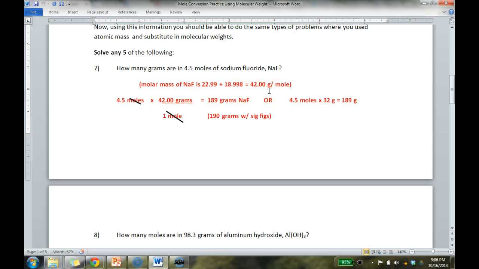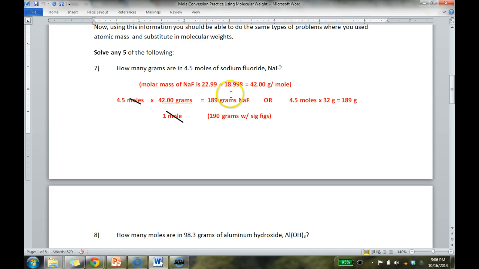Think back to our significant figures rules. Keep in mind that when adding and subtracting numbers, you can only go to the last place that you are confident about. Okay, it's not the total number, it's the last place. So we have the tens place, the ones place, tenths, hundredths. So the hundredths place is the last place that we are confident about.